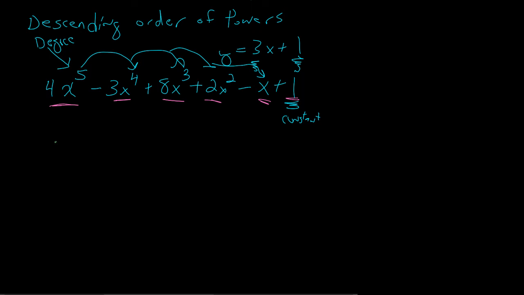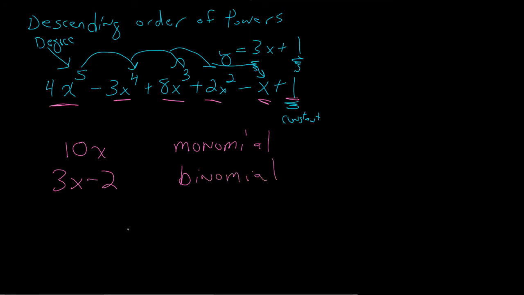And so we already said they were built of monomials. So if I have one term, it's a monomial. Right? Mono, one. So one named part. If I have two terms, 3x minus 2, this is a binomial, like a bicycle, 2 parts.